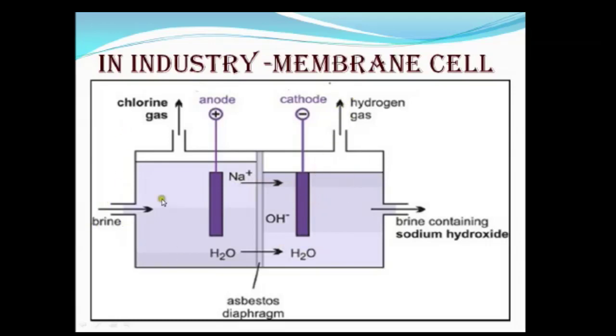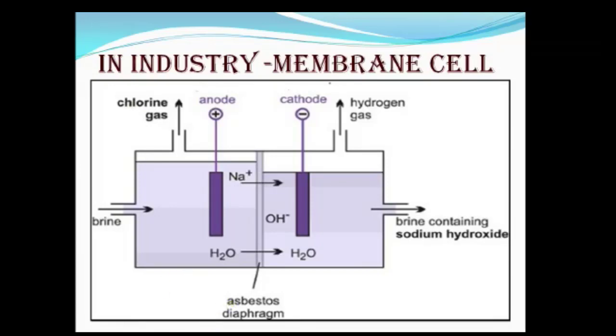From this sodium chloride solution, the chlorine gas is being evolved. So in all, the process makes use of brine and a membrane cell with the positively and negatively charged electrodes.